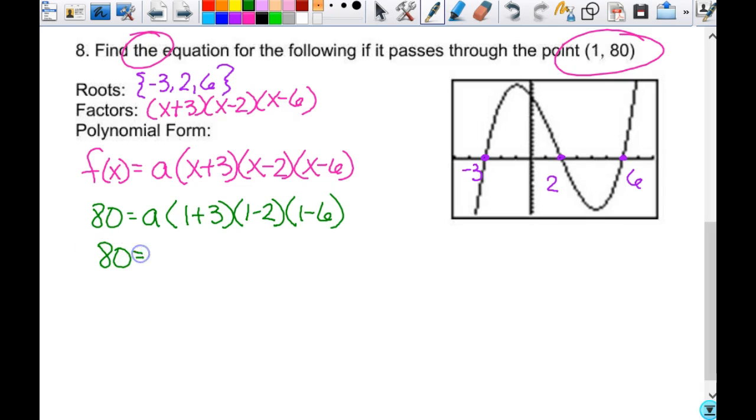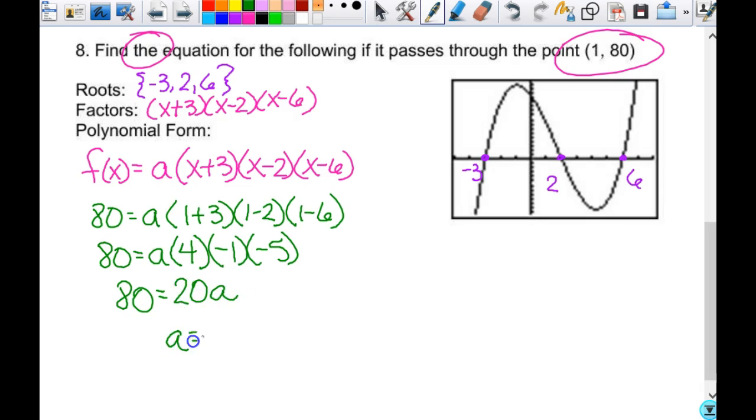So 80 equals a times 4 times a negative 1 times a negative 5. So 4 times negative 1 times negative 5 is what? 20. So I get 20a. So a is 4.